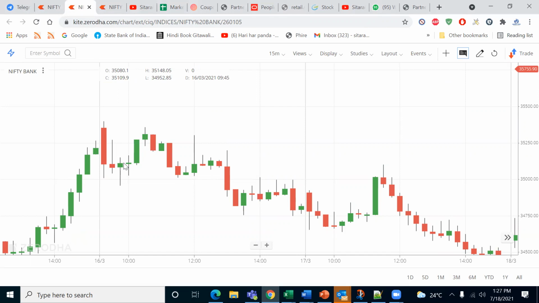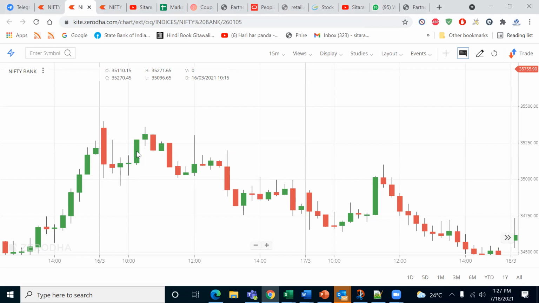Now what happened after making 34,952 as a low? Suddenly the market started going upward and made a high of 35,356. Bank Nifty fell 400 points and again rose 400 points, recovered again. So somewhere here the strategy would have made the put re-entry.